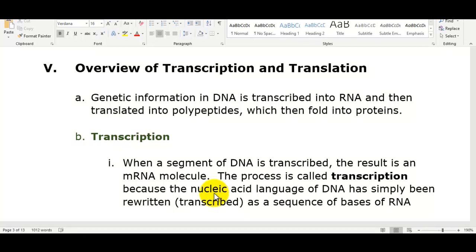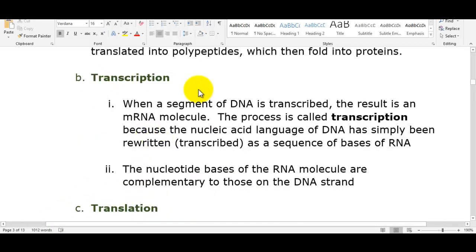Okay, so what we're going to do next, we're going to go through the whole process of how a cell copies a gene and then transcribes that gene into messenger RNA, and then how that gets translated from there. So these two terms, transcription and then translation.